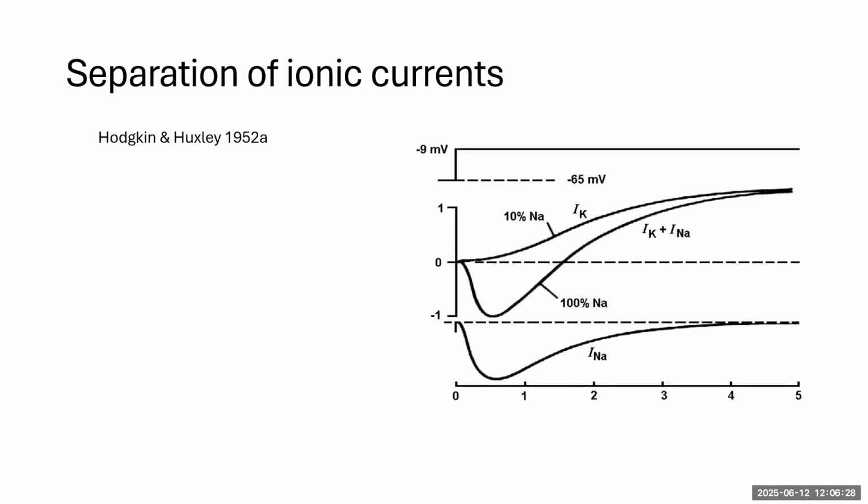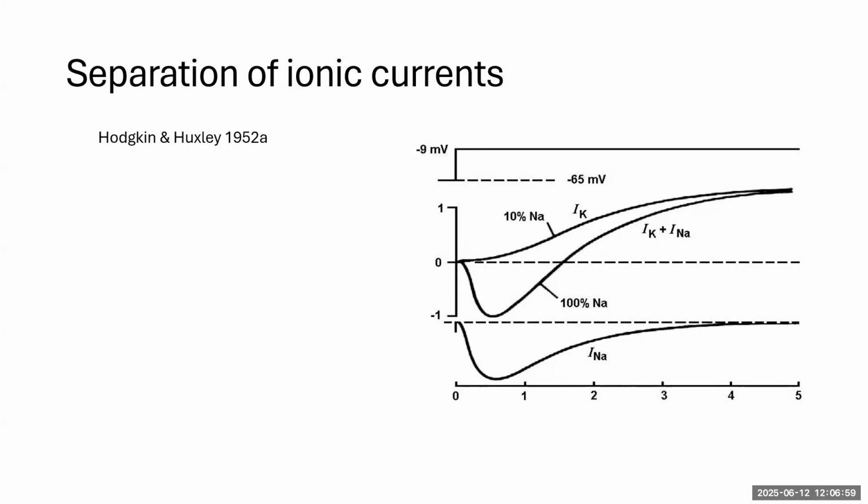And how did Hodgkin and Huxley measure these individual ionic currents? In their time, what they did was they replaced the sodium in the seawater with a chemical called choline. So instead of sodium chloride, you are giving choline chloride. So you have very low sodium in the system, and you do a voltage clamp experiment there and measure the current that is passing through. And at that low sodium, you know that the sodium current is going to be 0 because sodium is not flowing through the membrane.